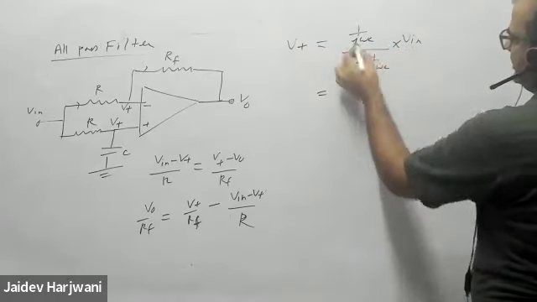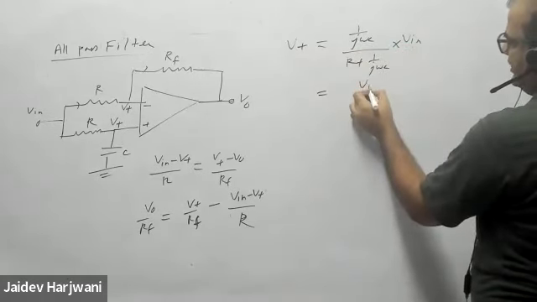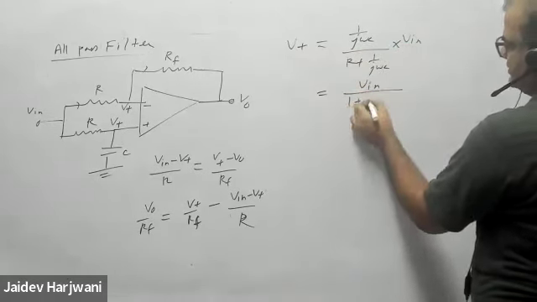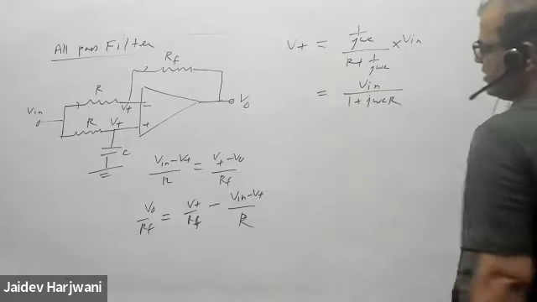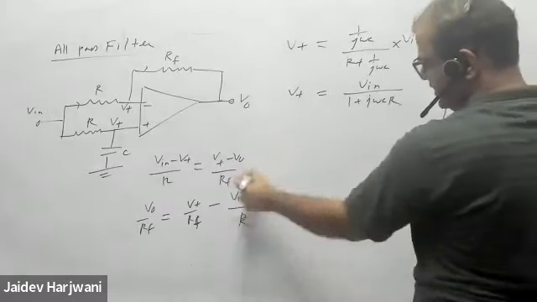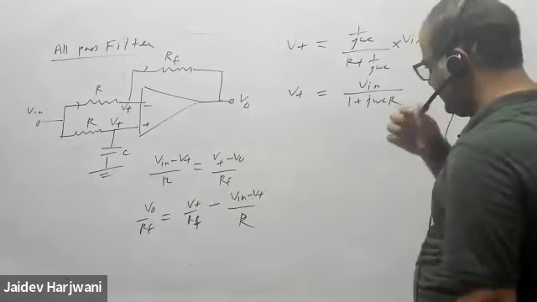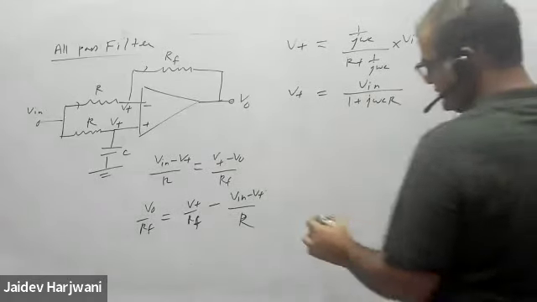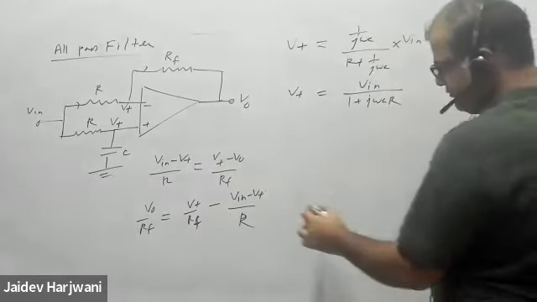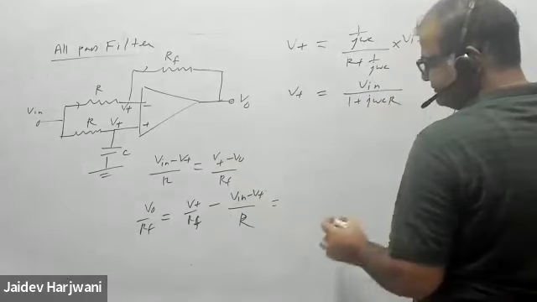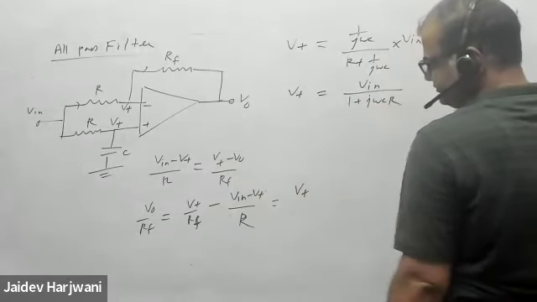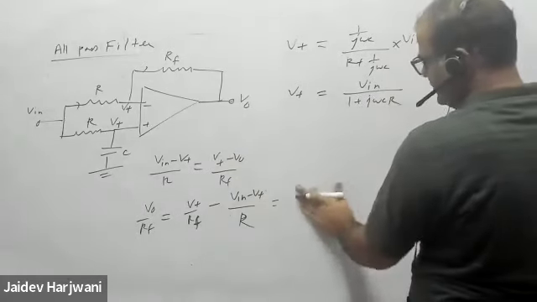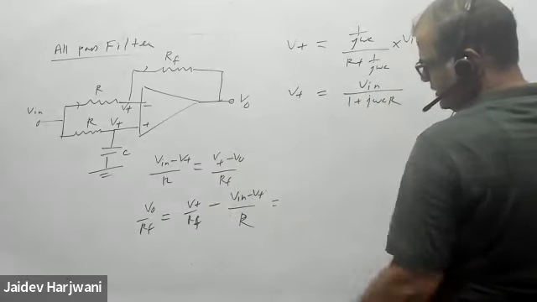So this is basically V input upon 1 plus J omega C R. V plus value, put it here. And now solve it and tell me what is the answer is coming. So V plus, which is V input, okay.